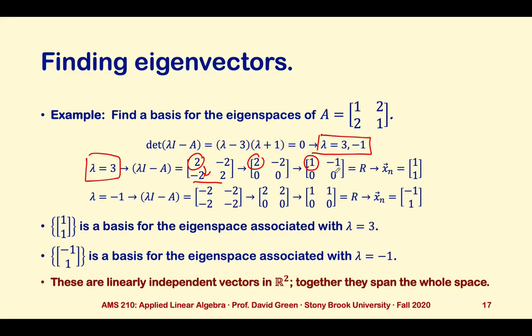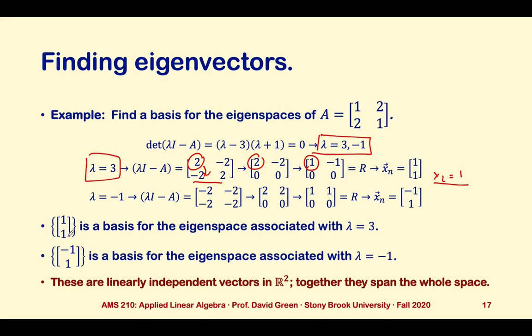The free variable is the second value, x2. We set x2 equals 1, and then we read off the pivot value by negating the entry in the free variable column to give us a special solution of (1, 1).